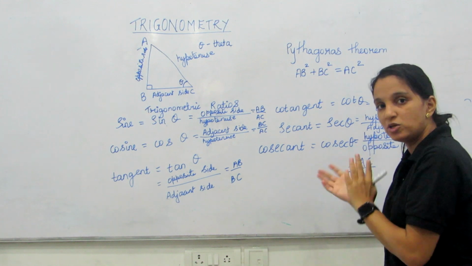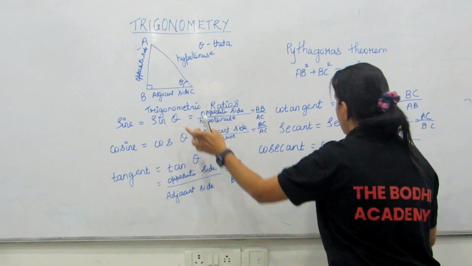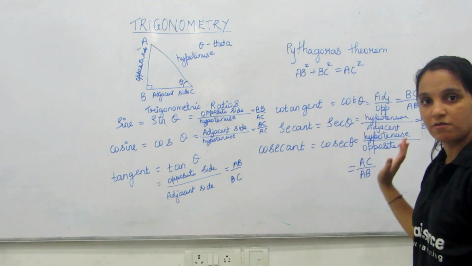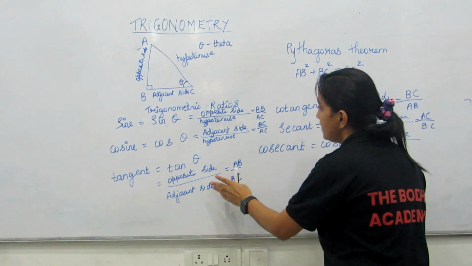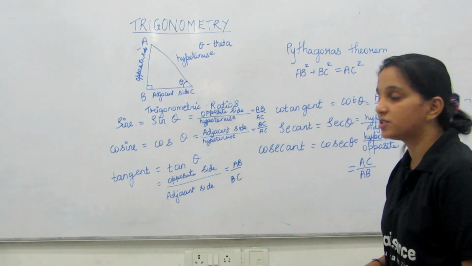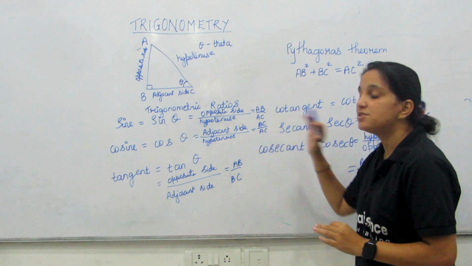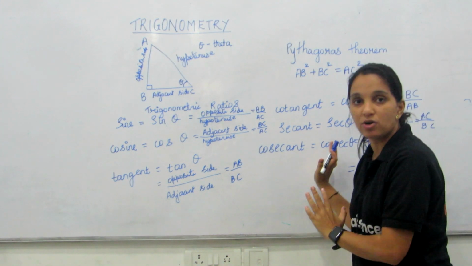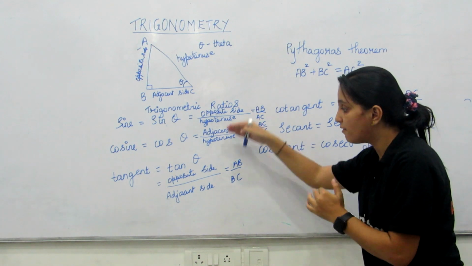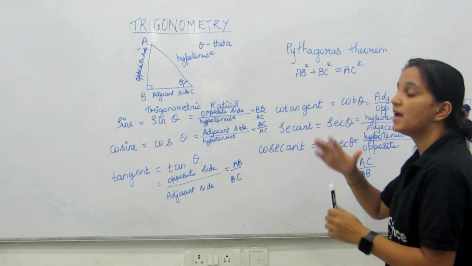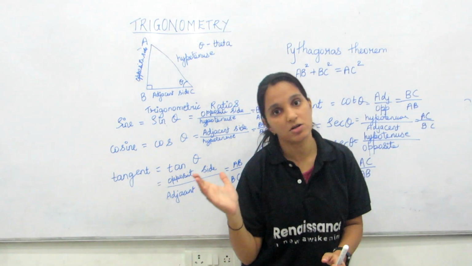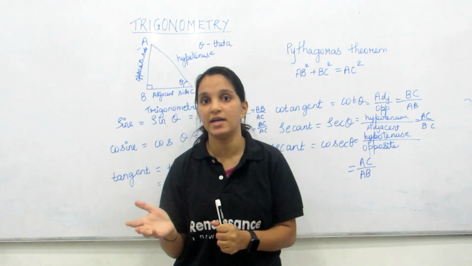So they are opposite of each other. Sin and cosec are opposite of each other, and tan and cot are opposite of each other. So this is how we will have to remember, and this is very important. This is the introduction part of trigonometry. You have to learn these formulas, then we will go to the Pythagoras theorem in the next video.